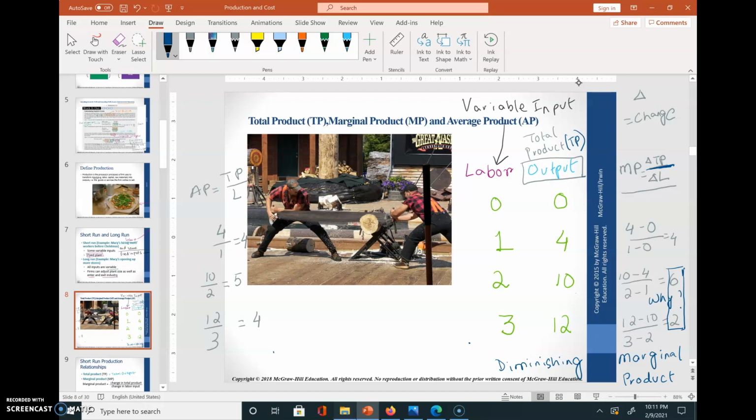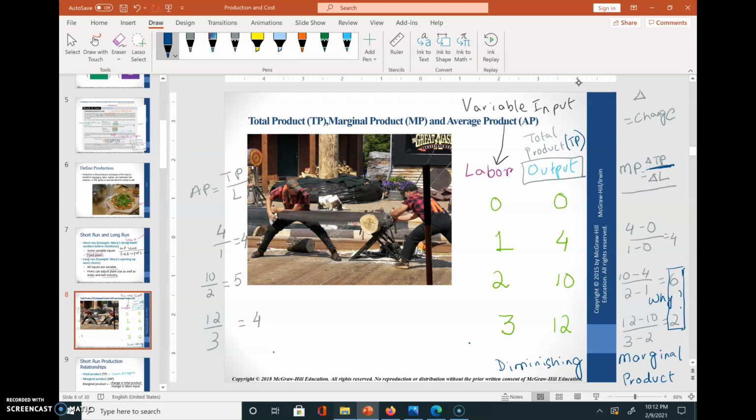Now let's look at the definition or the formula for average product. Average product measures the productivity of workers, and this is defined as total product over the number of workers, or labor.